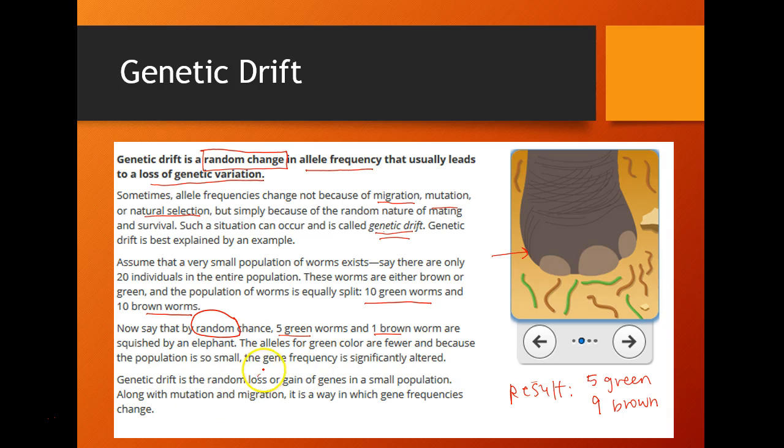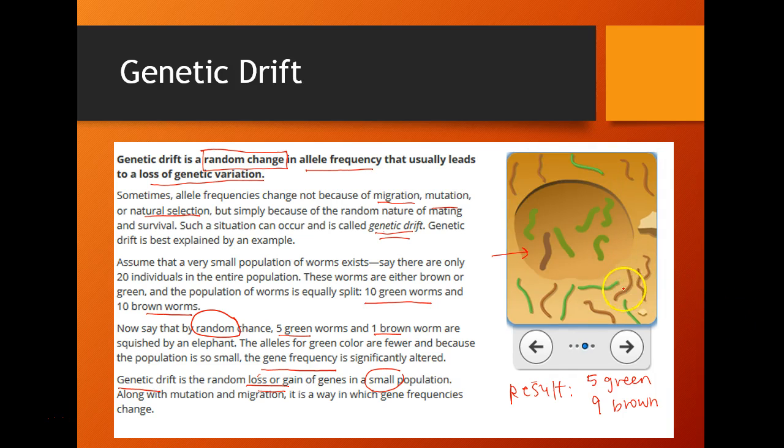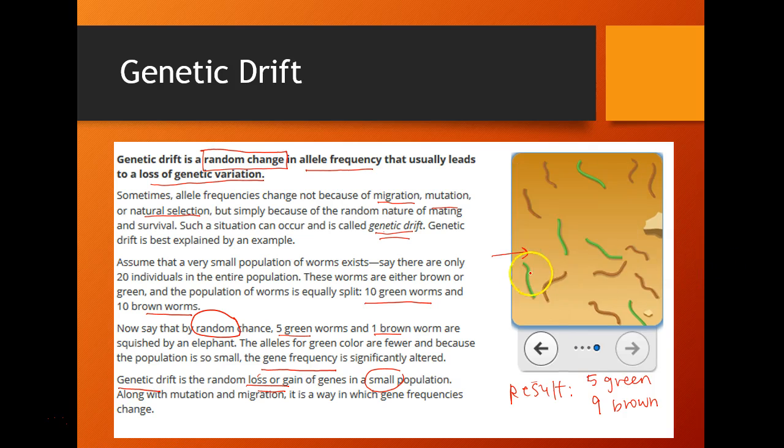So now the gene frequency, right, the alleles for the brown worm definitely are higher than the green one. And so again, genetic drift is a random loss or gain of genes, usually in a small population. So what ends up happening is, again, we see those worms dying, and then in the end we see more brown than green.